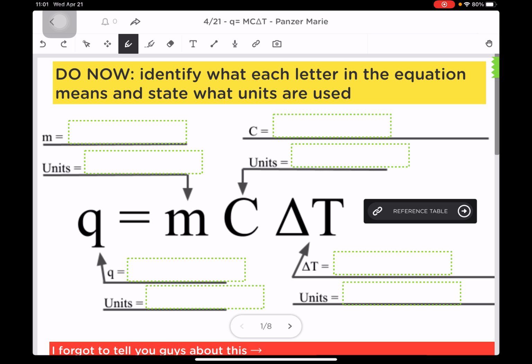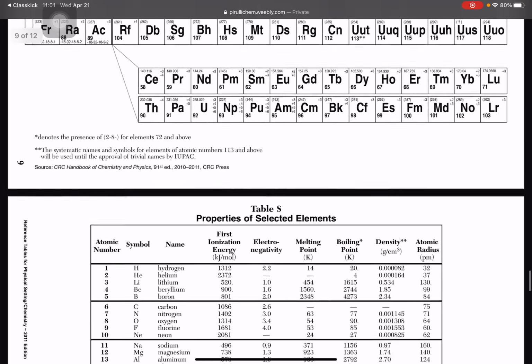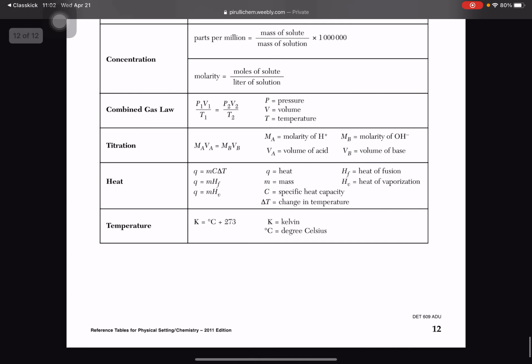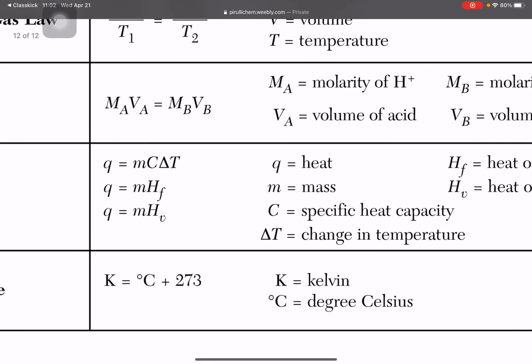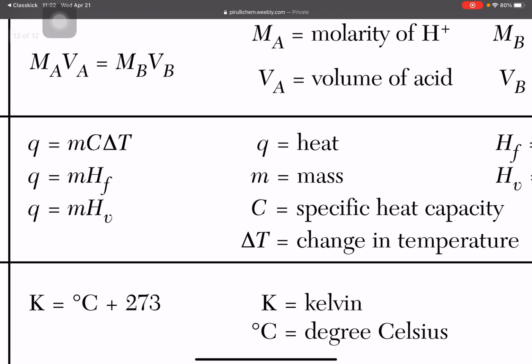So, this is from the video you watched last night. I didn't expect you to memorize the units, but if you happen to remember them, that would be good. If you did not remember them, you can take a look at the reference table, which I linked right here for you. If you go all the way to the bottom, there is your equation: Q equals MC delta T, and we have all the units.